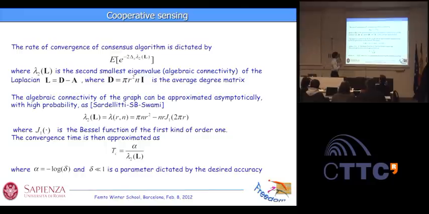So what we proved is that you can approximate, of course, because we are not really going to infinity, for any number of nodes and for a given coverage radius R, the value of the algebraic connectivity in this way. It's a simple formula. Of course, it is an approximation, but it's good because now we can play with this formula rather than just running computer simulations and so on.